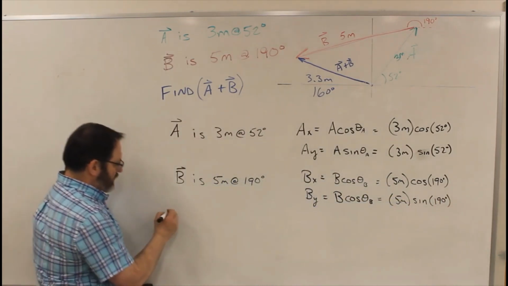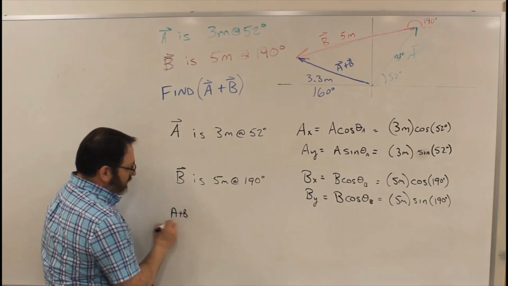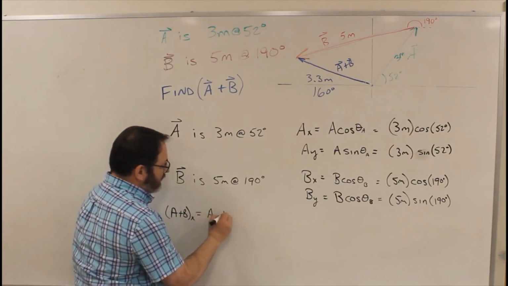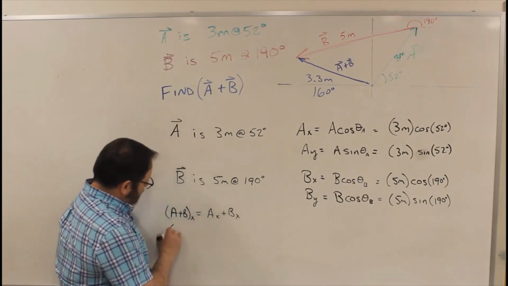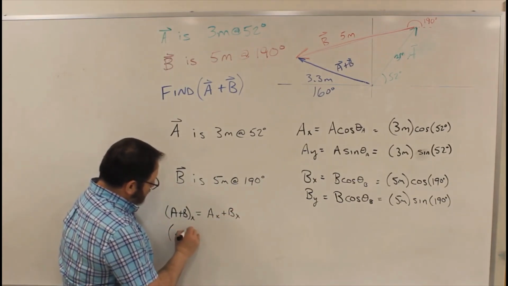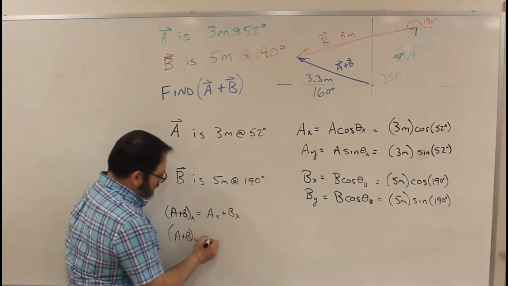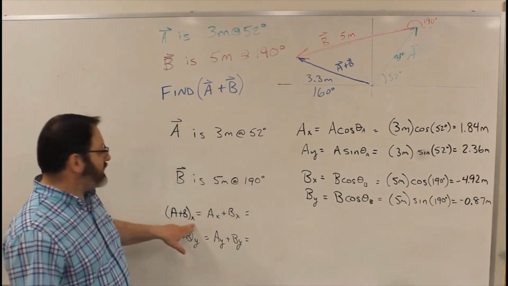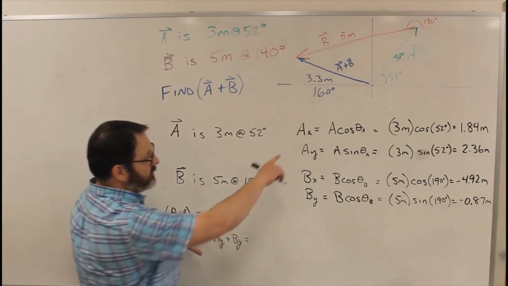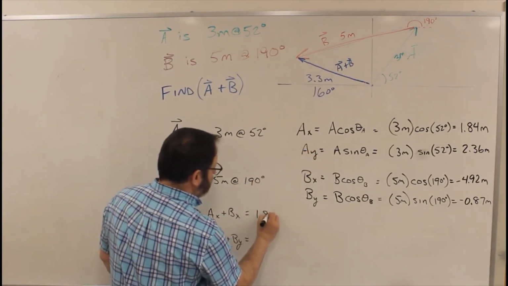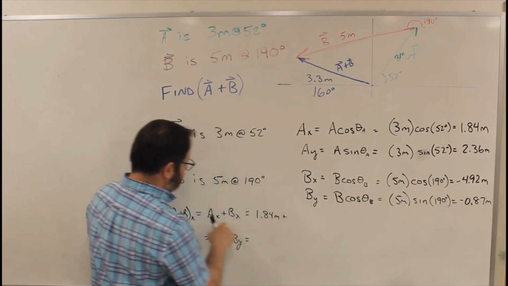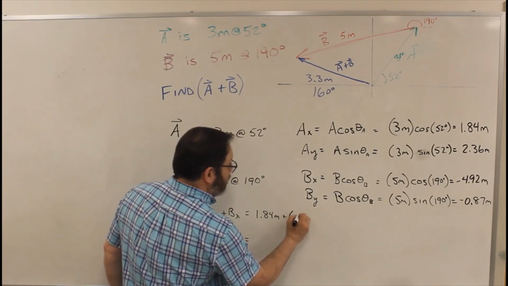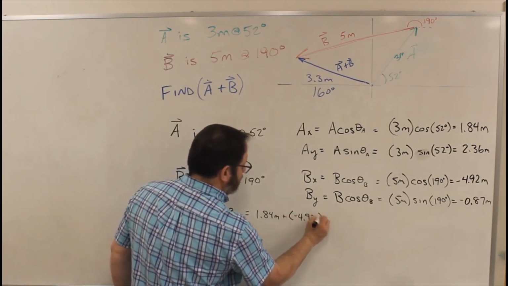Now, the A plus B vector in the x direction is AX plus BX. And the A plus B vector y direction is AY plus BY. So the X component is AX, we got 1.84 meters, plus BX component is negative 4.92 meters.